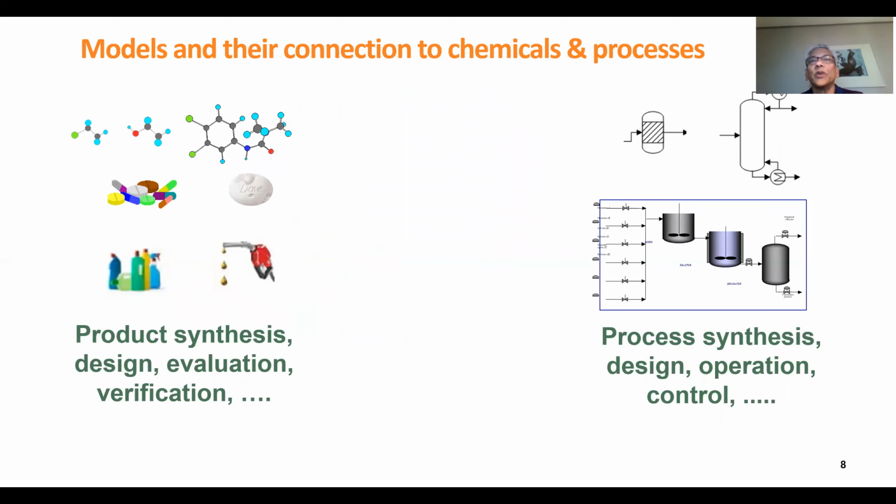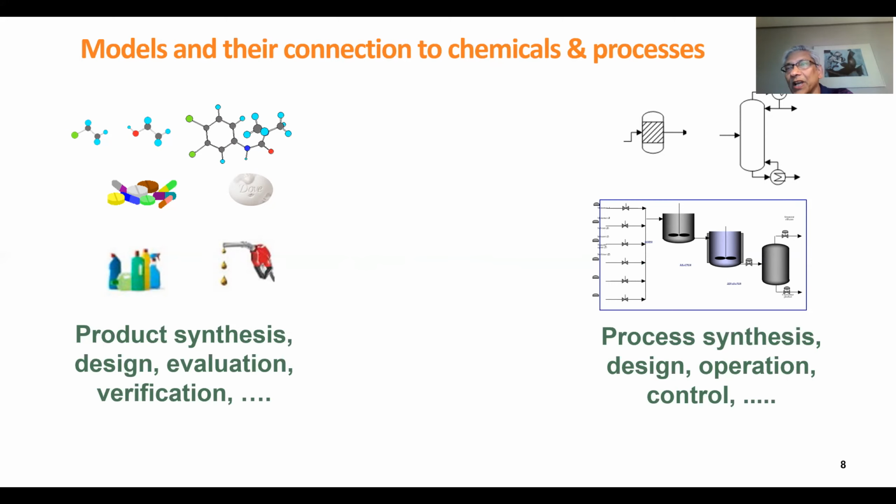Since our engineering domain is chemical, pharmaceutical, petrochemical, agrochemical, food, all related to chemicals, on one side we have chemicals, which can be single molecules or a combination of them. They form products, but these products are made in a process, which we see on the right-hand side.